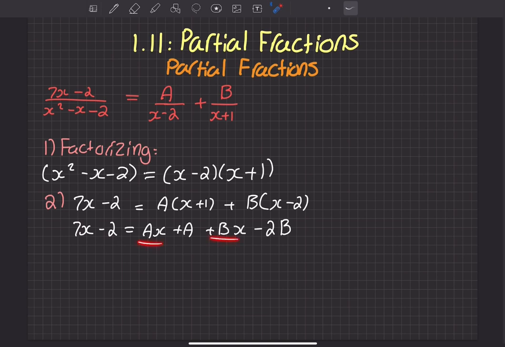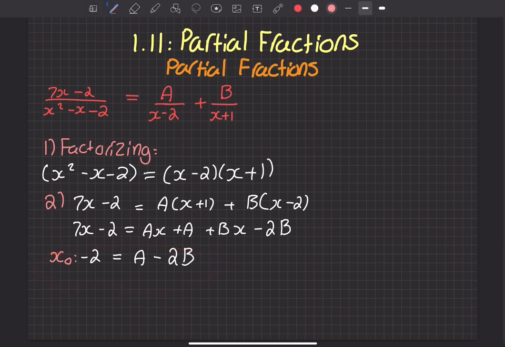So our x to the power of 0, or our constant, is minus 2, which equals this constant A, plus the other constant, which is minus 2B. So this wouldn't actually be plus, it'd be minus 2B. Okay, so this is our x to the power of 0 term.